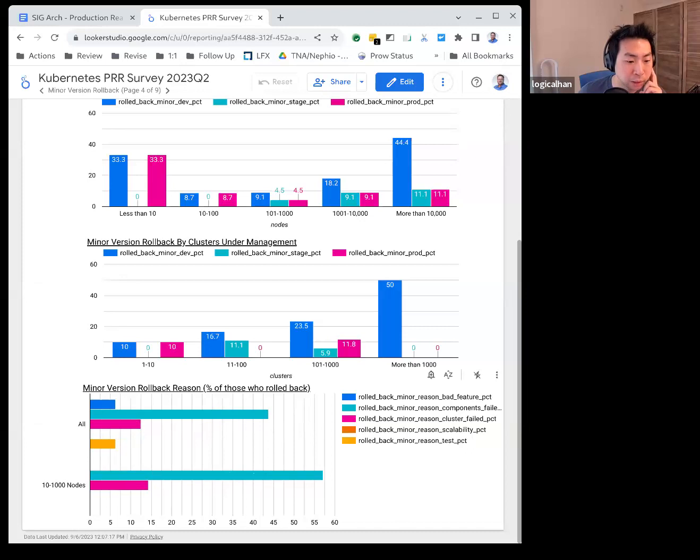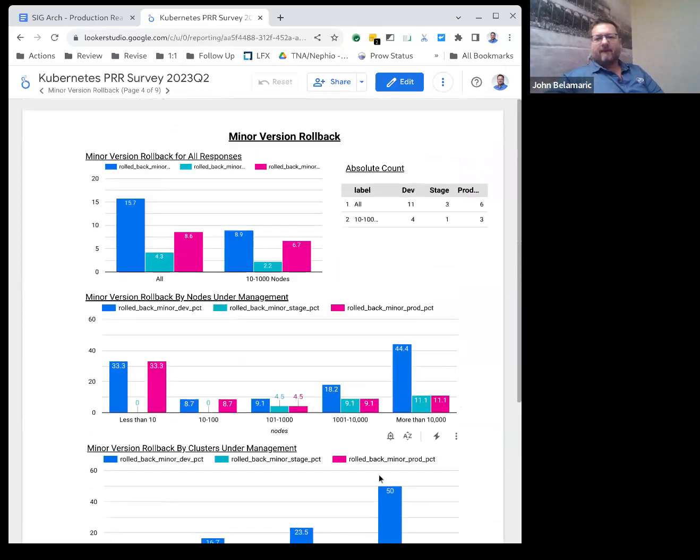Component failures smell a lot like compatibility issues, and that's why I was wondering what the versions were. You'd have to drill in deeper. We don't have it in the summary here, but it is in the data and we can get you access to that.